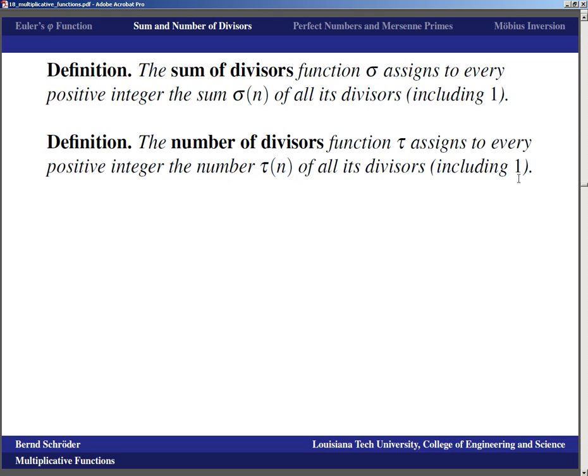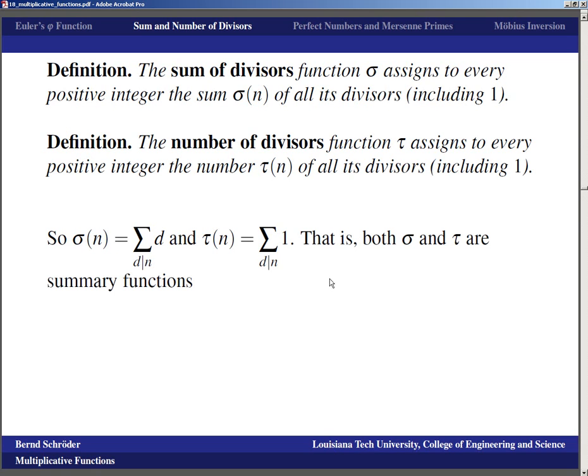And when we talk about divisors here, we certainly only mean positive divisors, so it would be the numbers between 1 and n that can be used as divisors. So basically what that means is that sigma of n is the sum over all d dividing n of d, and tau of n is the sum over all d dividing n of 1, built very similarly to what we have seen in this formula for the Euler phi function.